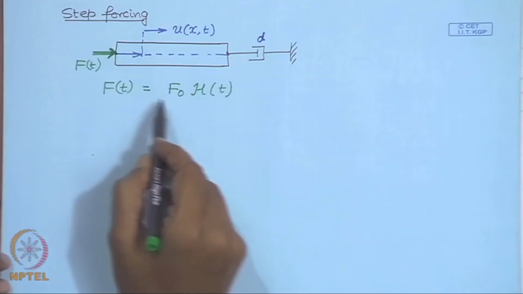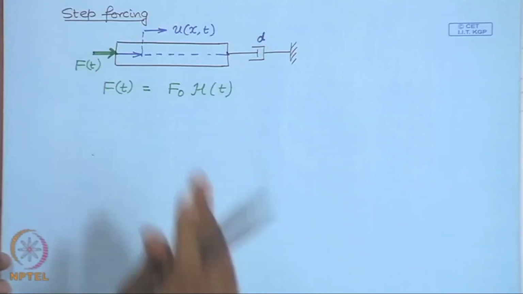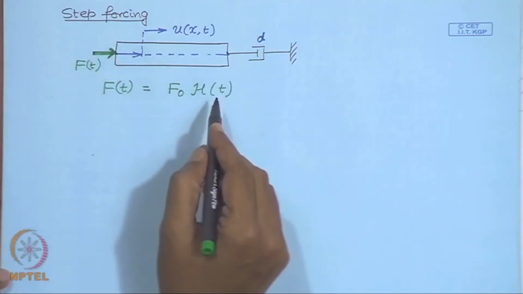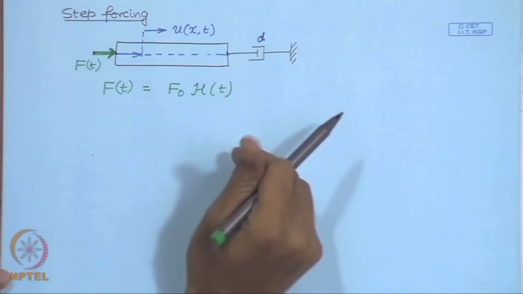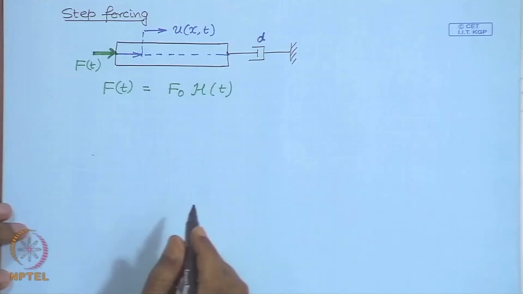So, this is the Heaviside step, a unit step function. You suddenly switch on a constant force at time t equal to 0. So, at time t equal to 0 you switch on a constant force like this.